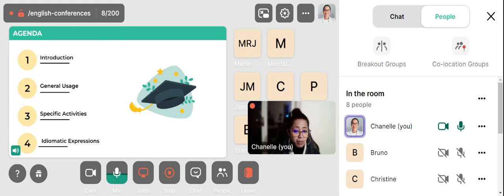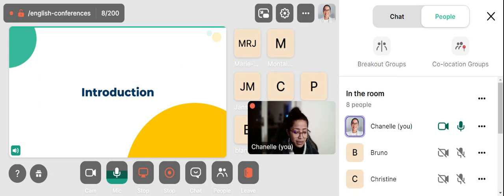We will then talk about specific activities. And finally, for number 4, we are going to look at idiomatic expressions using do or make. This conference will be sent to you via email after the session.